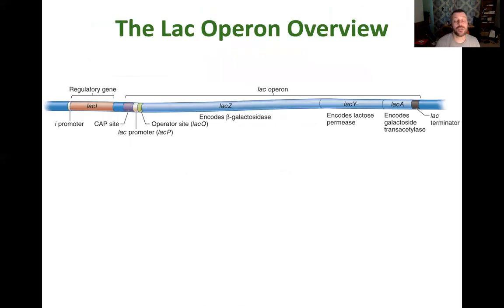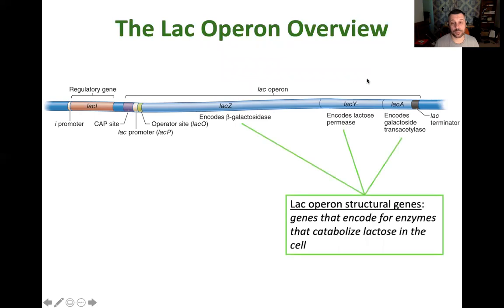All right, so finally, this is the end of the introduction to the Lac operon. The Lac operon itself is shown by this line right here. It includes these three regulatory sequences and these three functional genes. It also includes something we're not really going to talk about, the Lac terminator, which just tells RNA polymerase where to stop.